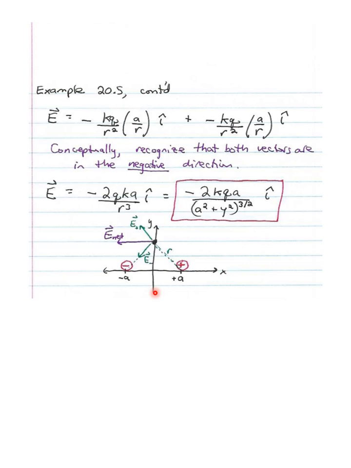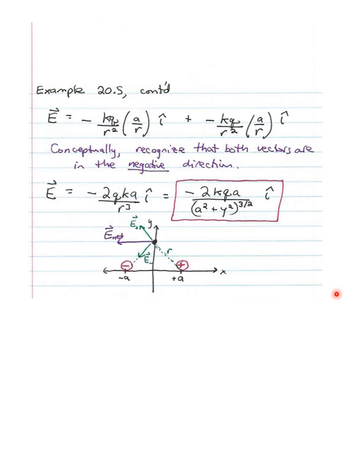So using the Pythagorean theorem, r squared is a squared plus y squared, and so r cubed is a squared plus y squared to the 3/2 power. When you work it all out, this is the electric field as a function of q, a, and y.